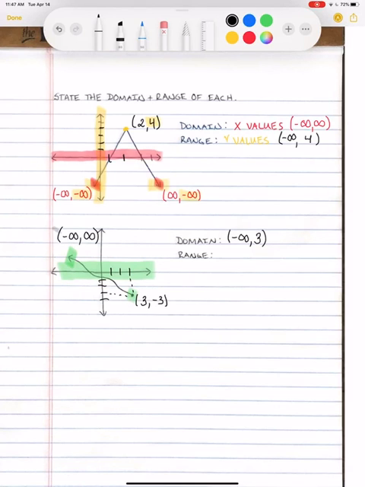The lowest point of the graph is at y value, remember, y value of -3. And the tallest point is represented by a y value of positive infinity. So that's going to be our range from -3 to positive infinity.